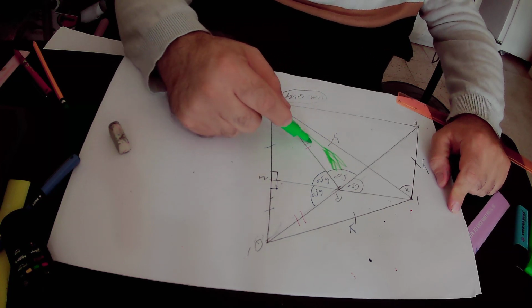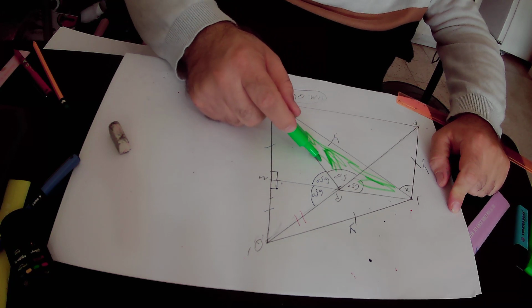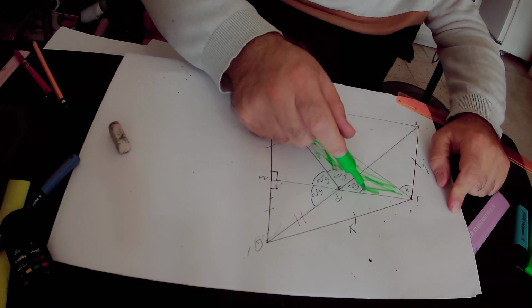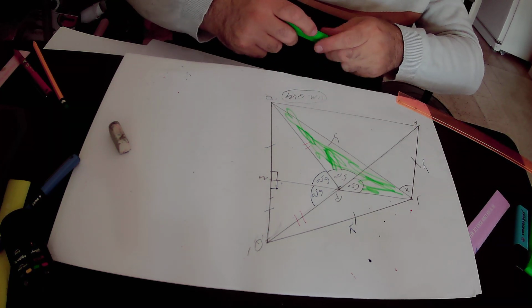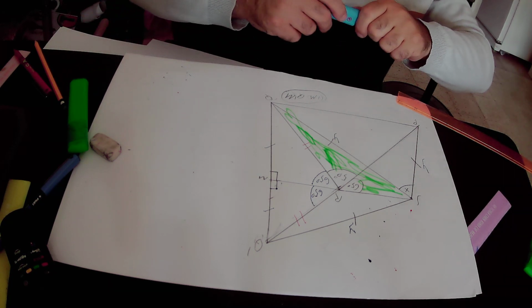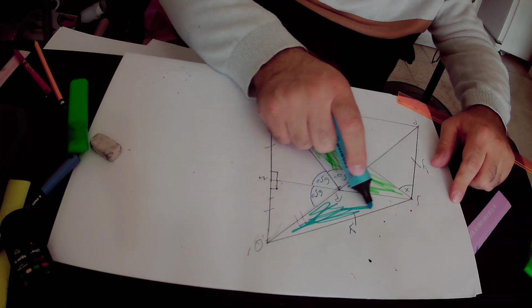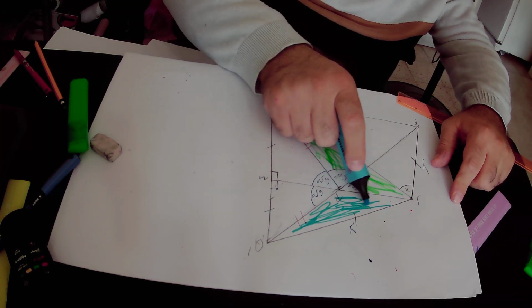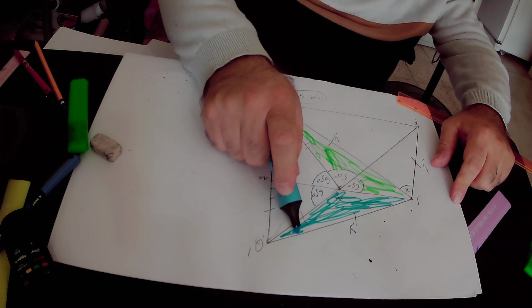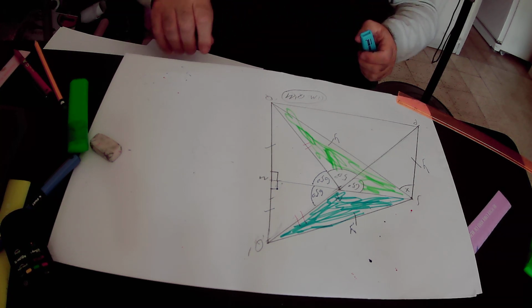We'll focus on the green triangle QRS, and on the blue triangle Q dash RS.